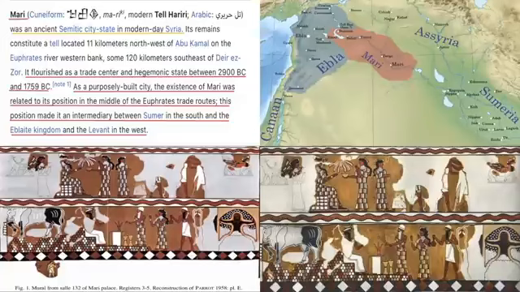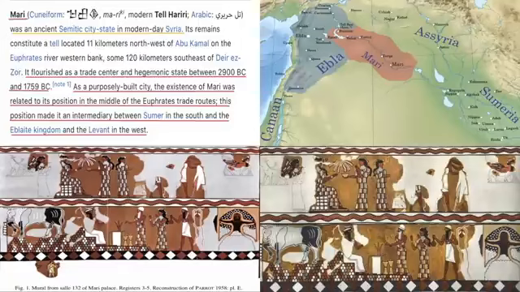And so now let's turn our attention to Mari, which is another old Semitic civilization. Mari was an ancient Semitic city-state in modern-day Syria. It flourished as a trade center and hegemonic state between 2900 BC and 1759 BC.